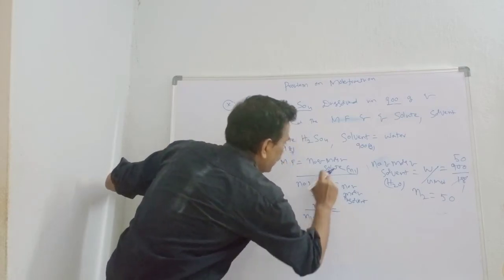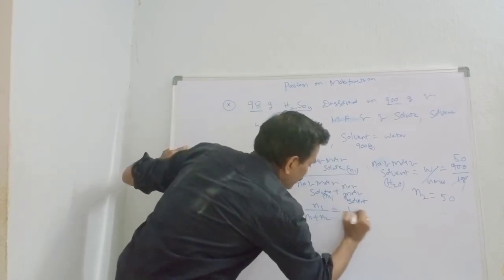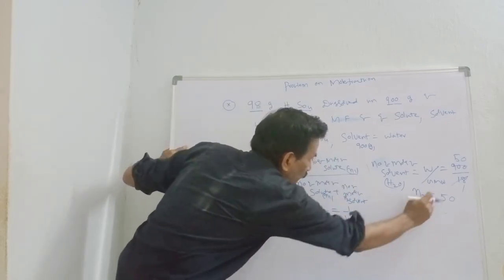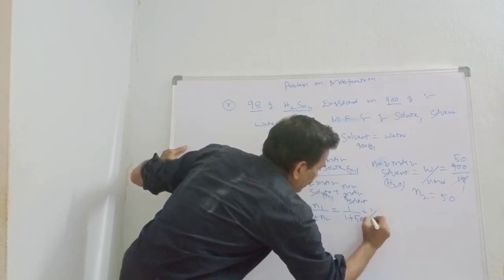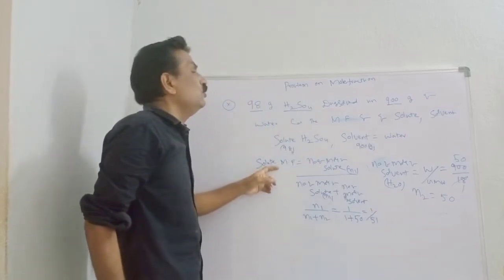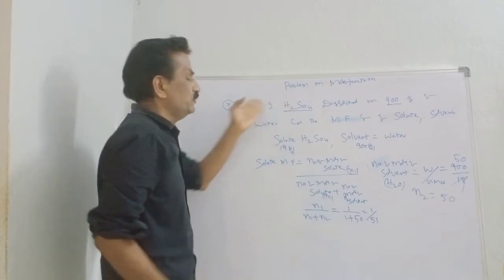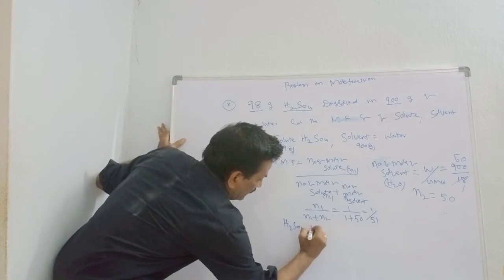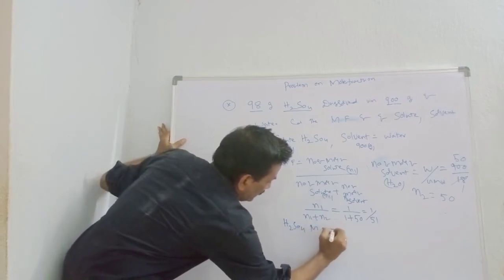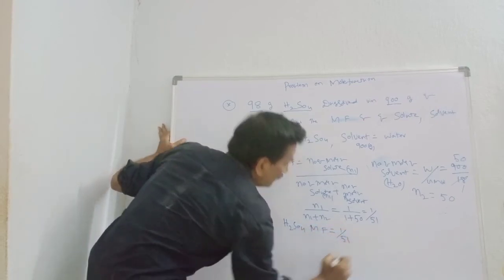This is nothing but 1 upon 1 plus 50. 1 by 51 is the right answer for solute mole fraction. Solute means H2SO4, so sulfuric acid mole fraction is nothing but 1 by 51.